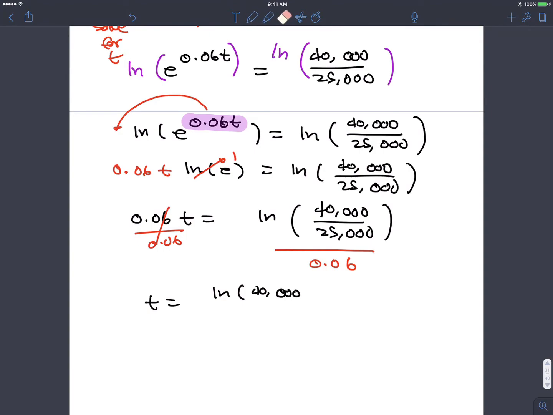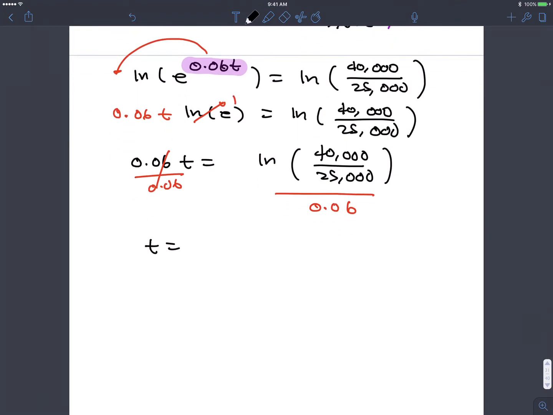Let's kind of write this a little bigger. You get natural log 40,000 over this 25,000 divided by 0.06.